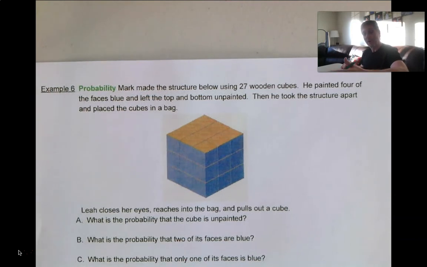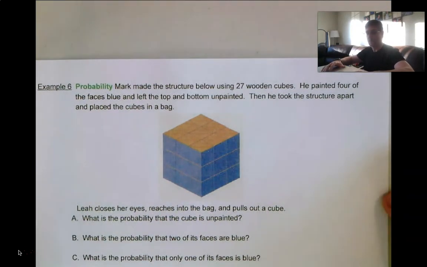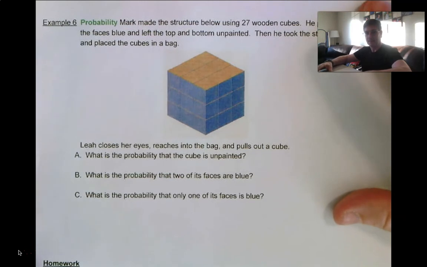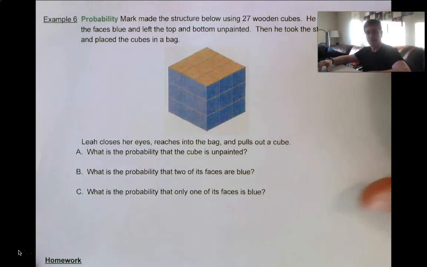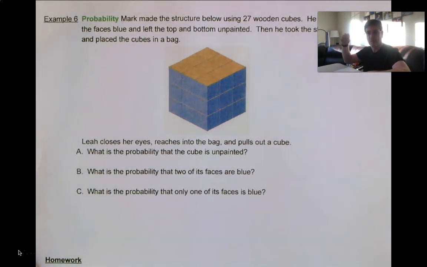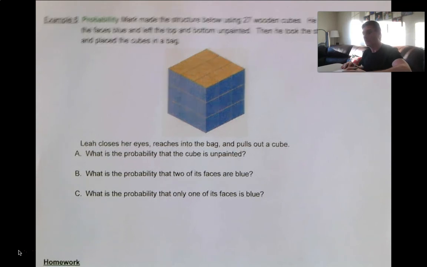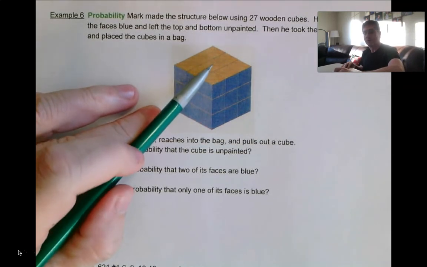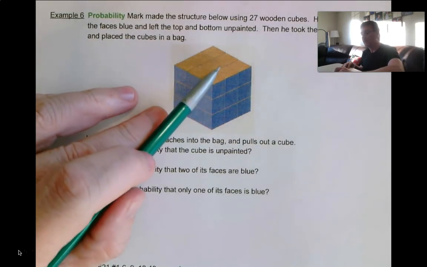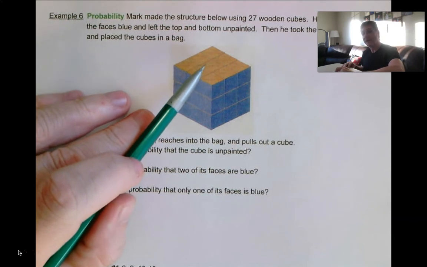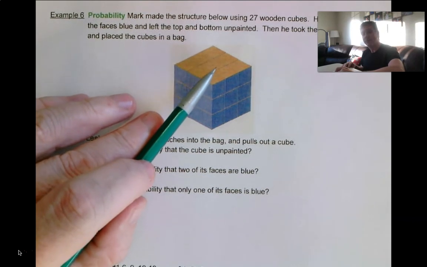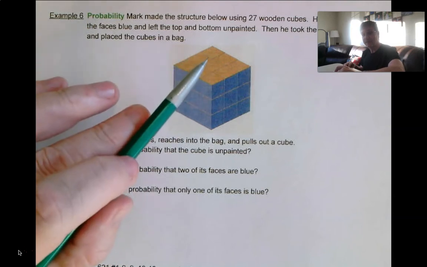Then he took the structure apart, places all the smaller individual cubes into a bag. Okay? And then Leah closes her eyes, reaches into the bag, pulls out a cube. What's the probability that the cube has no paint on it? Wasn't painted at all. Well, this is one of those cubes that this face was not painted, nor were any of the faces of the little cube that are inside of this block.